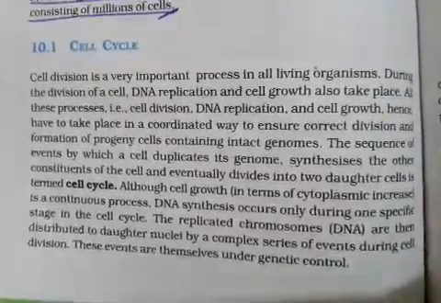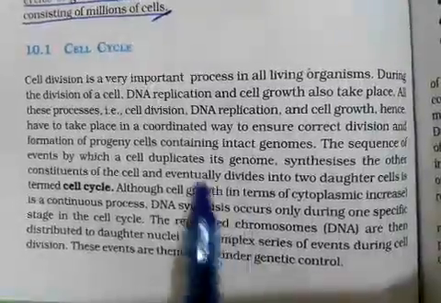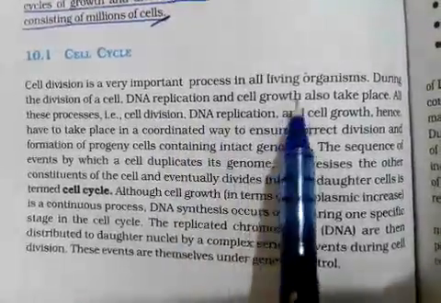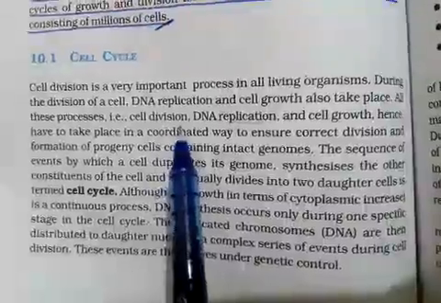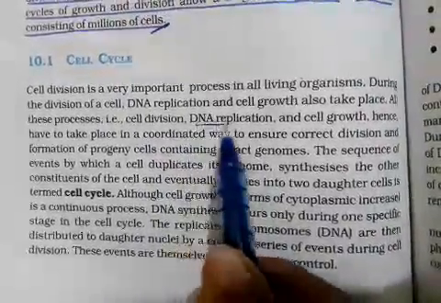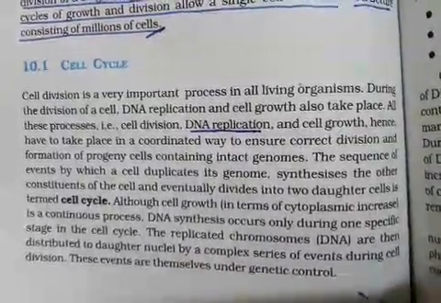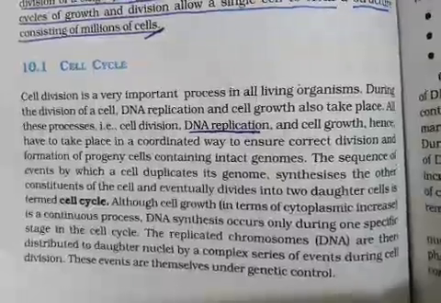So next is, what is the cell cycle? The cell cycle is a sequence in which the cell first replicates its DNA and grows, then it undergoes division. For division, the necessary point is the DNA replication. That is, if you have one strand of DNA, then you make a copy of the DNA.